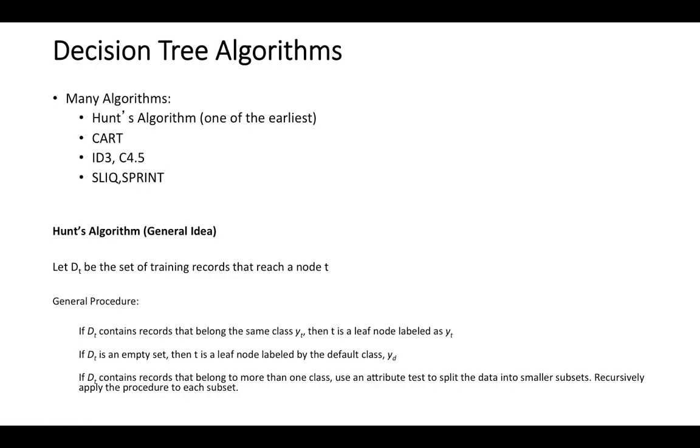If Dt has records that belong to more than one class, you use an attribute test to split the data into smaller subsets, and you recursively apply the procedure to each subset. It's a simple algorithm.